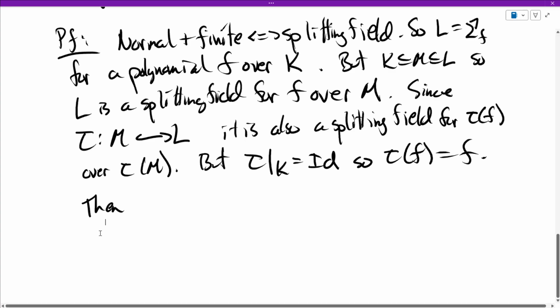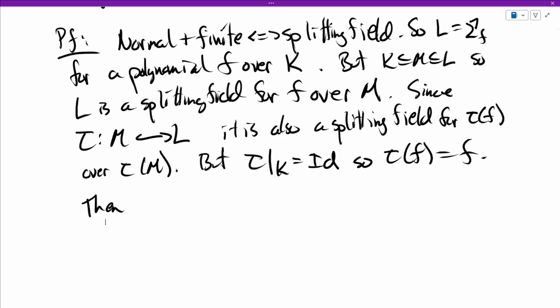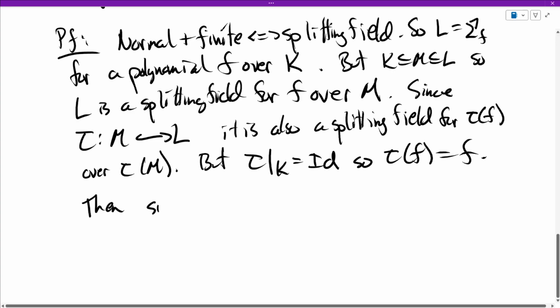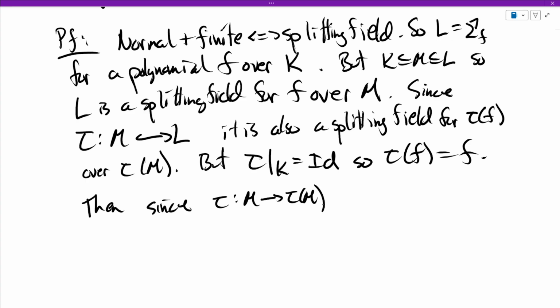We have the theorem from chapter 9 that we have an isomorphism tau from M onto its image field.